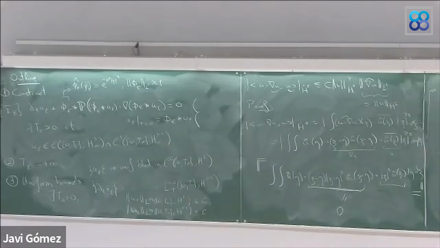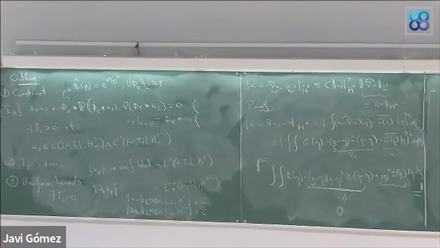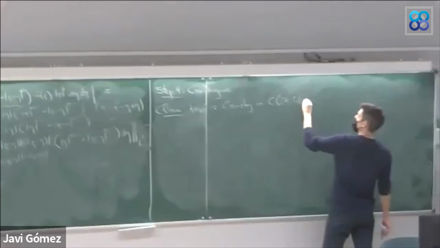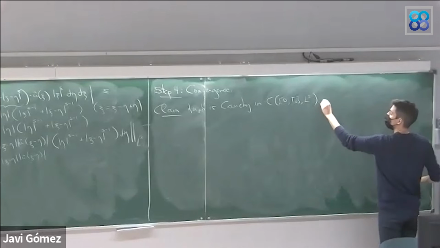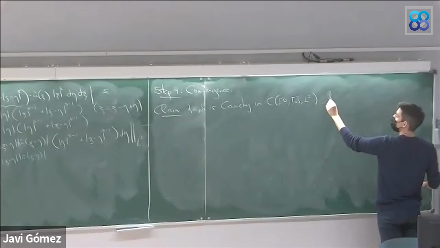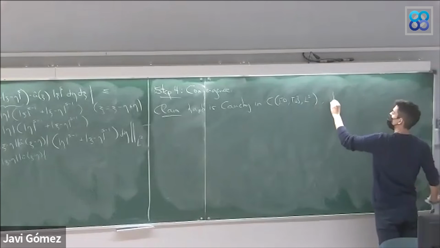So now we want to obtain a limit, and in the next step we will want to obtain that the limit solves the equation. And we said that we were going to do this by showing that the sequence is Cauchy in a lower regularity space. So let's assume that this is true.